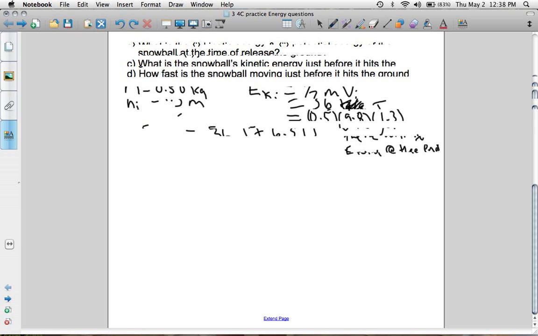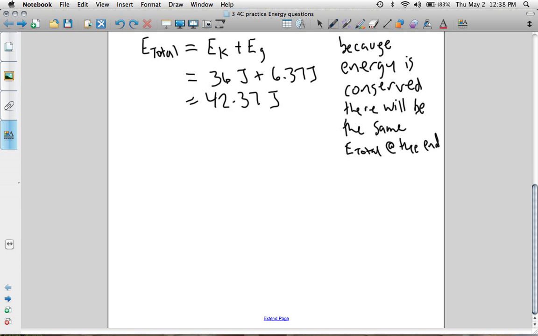What is the snowball's kinetic energy just before it hits the ground? Well, assuming that the total doesn't change and is equal to the kinetic plus the potential, as it falls, the height gets lower, but the speed gets faster because it's falling, so it accelerates.